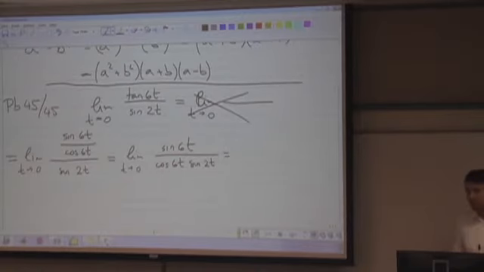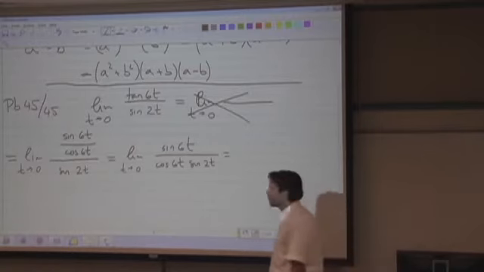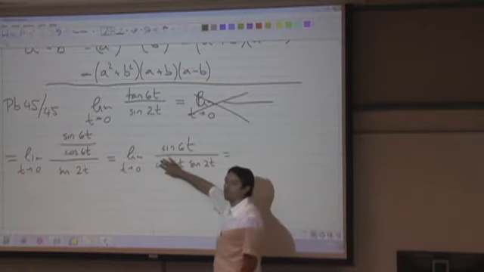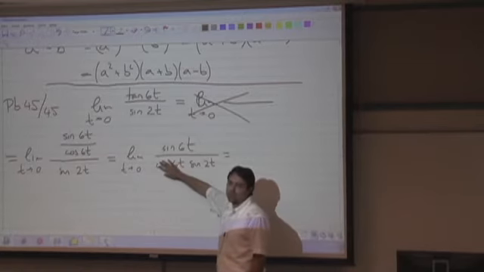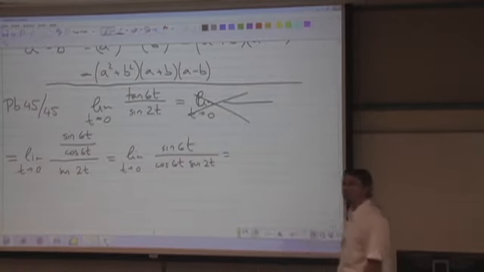And so now the question is, what do we do next? As I said, 45 is very close to 44, because if you just take out this cosine, you'll have exactly the same situation as you have in 44, right? Just different numbers.